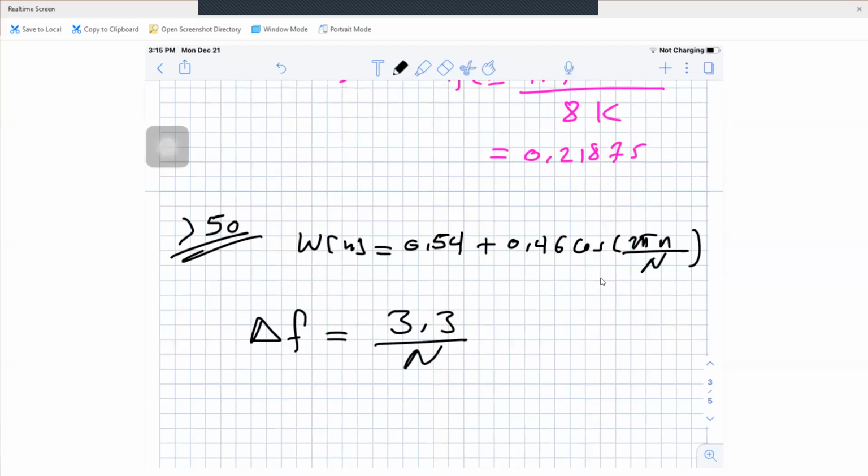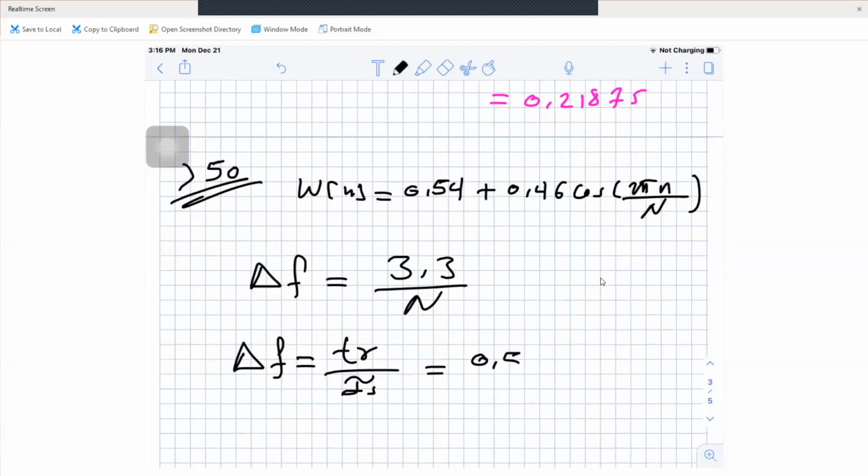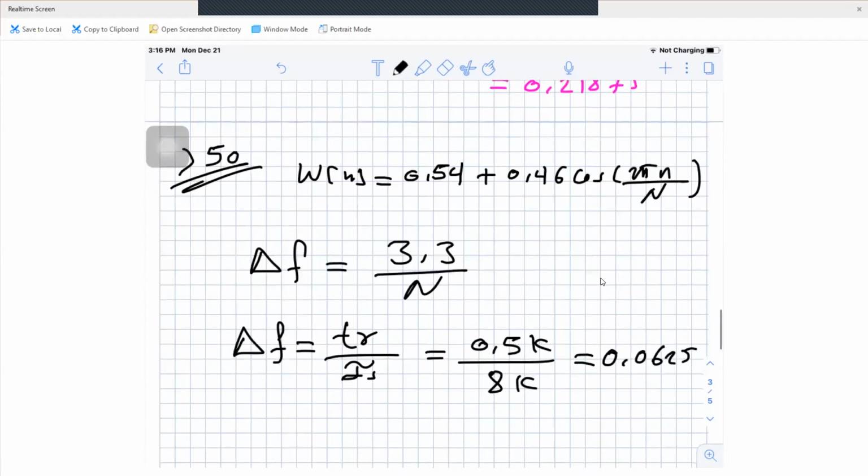Delta F equals the transition region divided by the sampling frequency. The transition region is 0.5 kilo divided by 8 kilo, and this will be 0.0625.